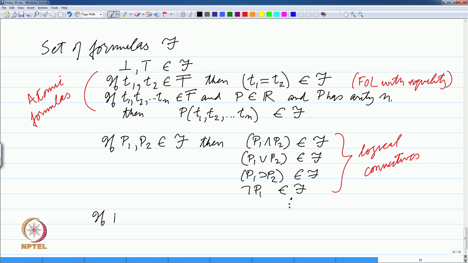There is a formula p, and there is a variable x.